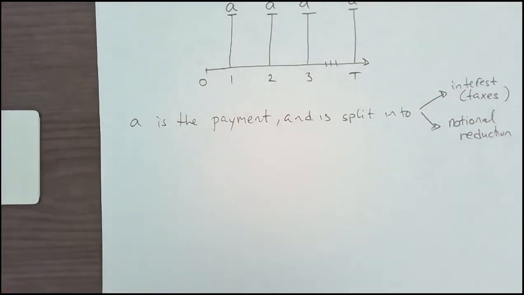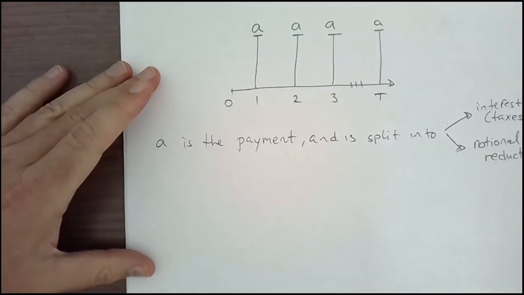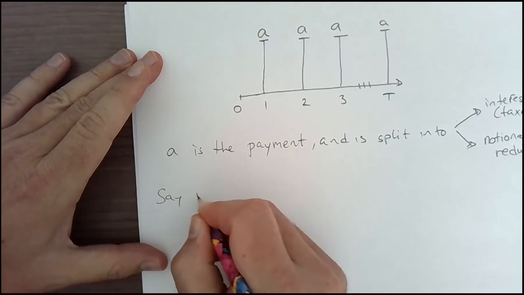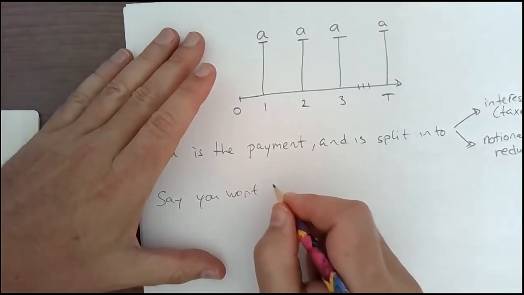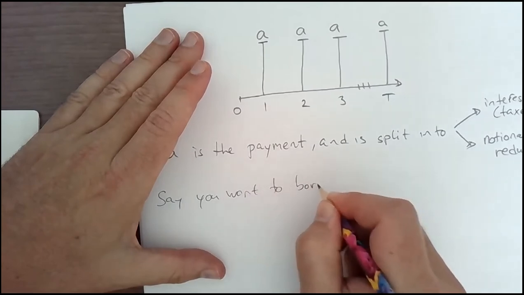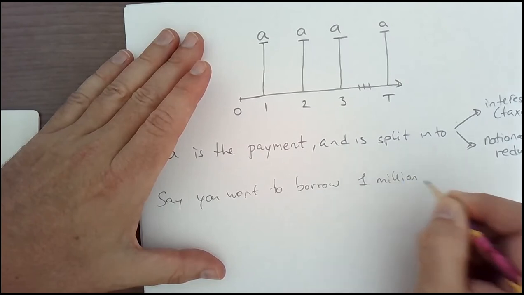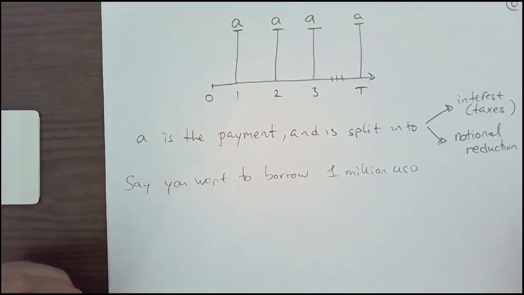So let's have a closer look at an example. Say you want to borrow $1 million US.